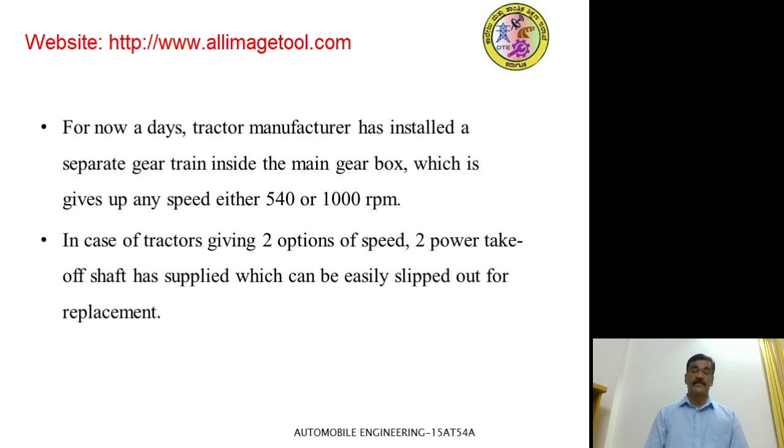So in today's tractors, the PTO shaft can have the choice of running at 540 or 1000 RPM. In case of tractors giving two options of speed, two power takeoff shafts are supplied, which can be easily slipped out for replacement.